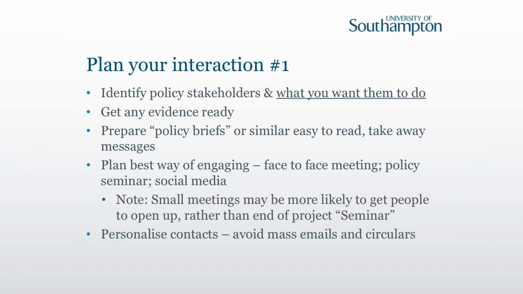But if you're trying to persuade a civil servant or a policy maker that they need to do something, that they need to spend more money, that they need to change what they're doing, they're unlikely to open out to you in a big stakeholder meeting that has lots of academics, that has lots of business, that has people from other sides. So quite often it's better to get them in a small room by themselves, and explain what some of those results are.